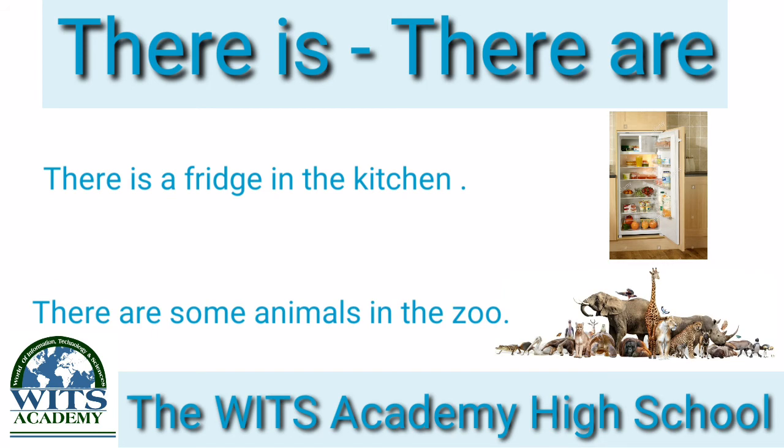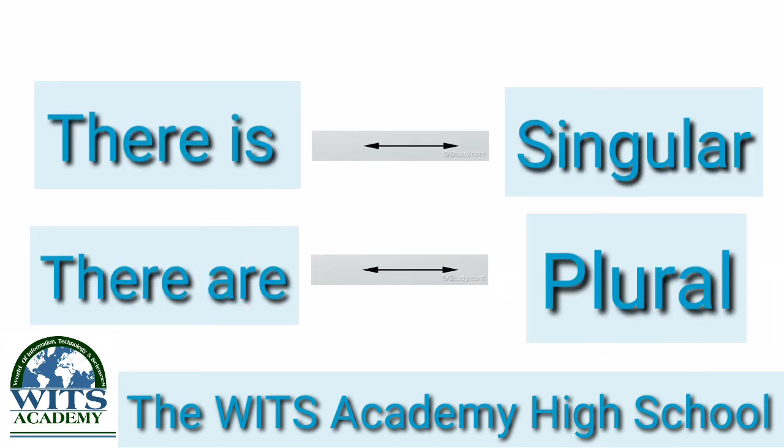Students, the thing which is common in both sentences is the existence. Existence means the state of being or presence. Look, there is is used with singular nouns and there are is used with plural nouns, as fridge is a singular noun and animals are a plural noun.